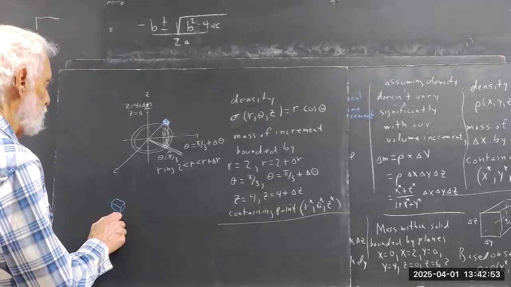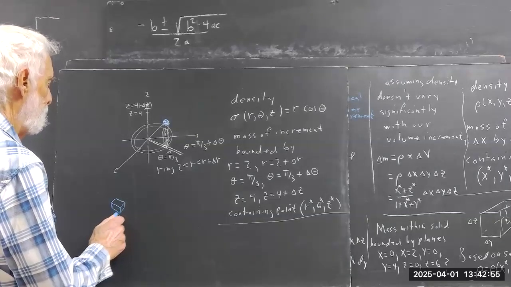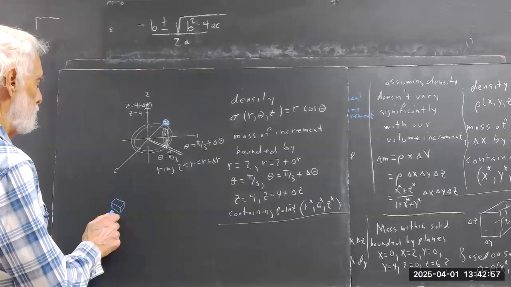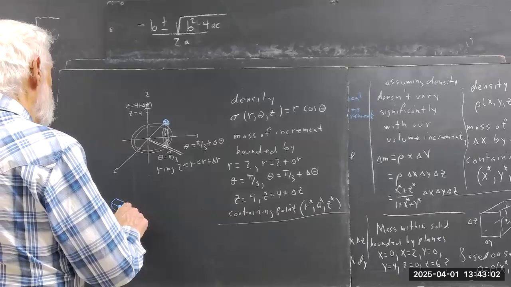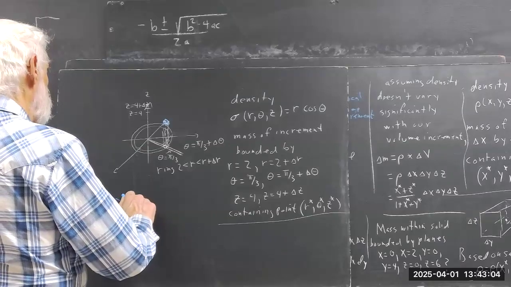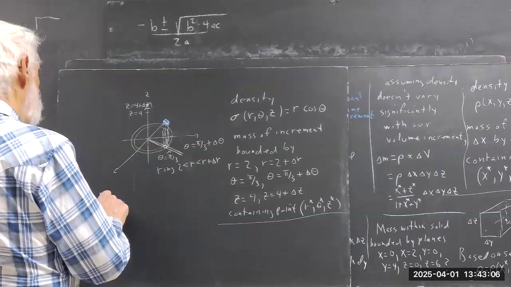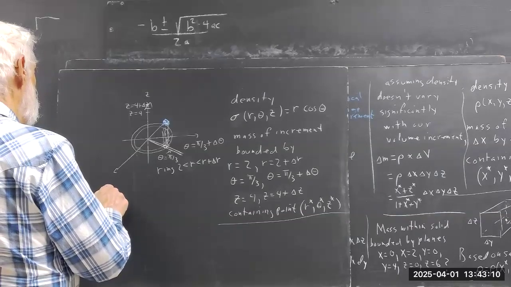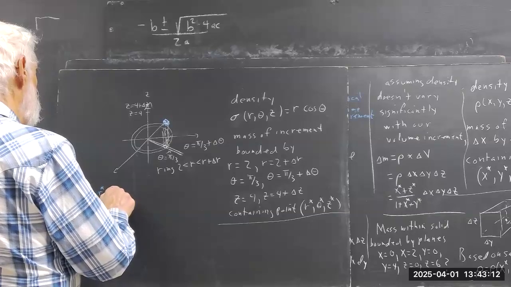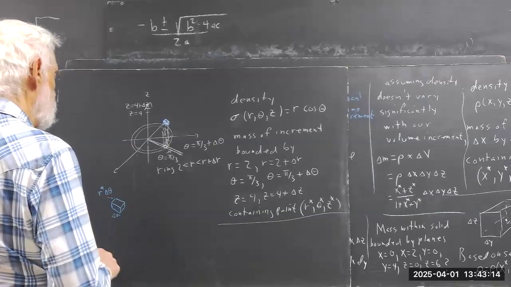This dimension is your delta R. This dimension is going to be about R star delta theta.